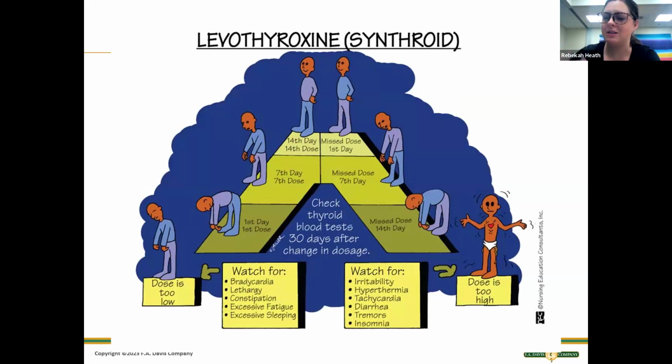Slowly getting back to this metabolic rate. 14th day, he's feeling pretty good, right? This function's pretty much back to normal. But then the 15th day, he misses a dose. He still feels pretty good. Why is that? Let's think about it. Then he goes down to the seventh day, he's starting to slow down a little bit. And then by 14th day of missing a dose, he is not good at all.